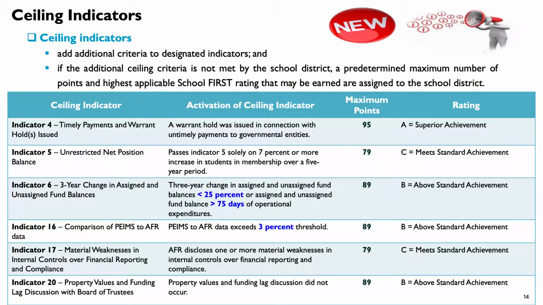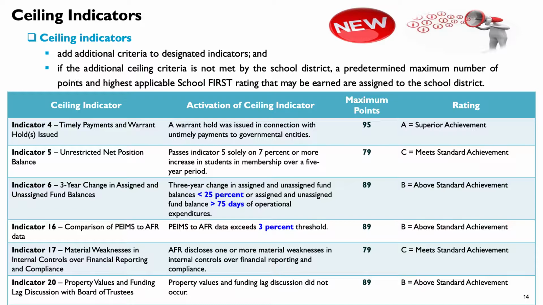Okay, ceiling indicators. Why do we have ceiling indicators? We have ceiling indicators because we had a charter school who continued to pass indicator 5 based on an increase in membership. But everything else, they were so lagging behind, they were basically insolvent.